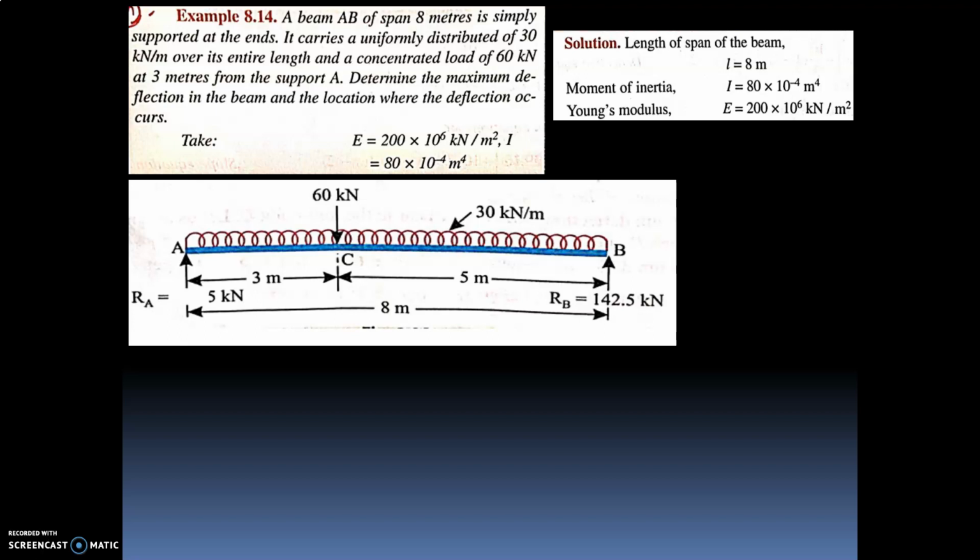Then, to find the maximum deflection, we don't know where it is, maybe between C and B, so you have to use the slope equation and find what X is. Once you get X, you can substitute it in the deflection equation and find the maximum deflection.